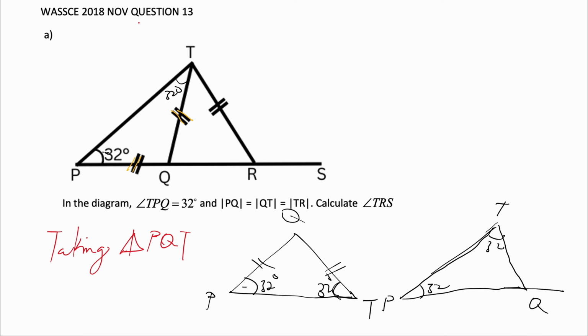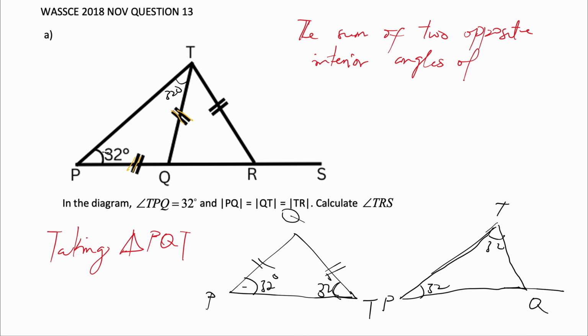Now we know that the sum of two opposite interior angles of a triangle is equal to the exterior angle.